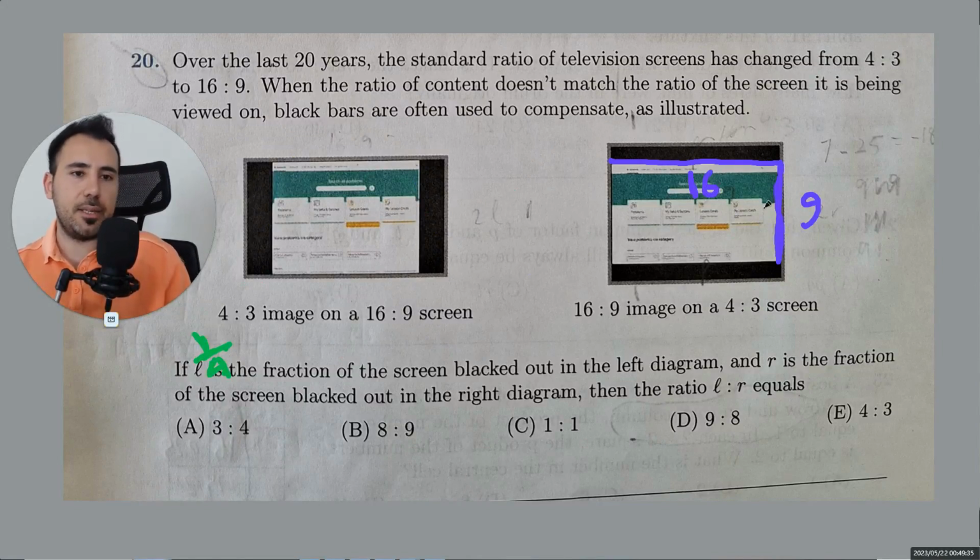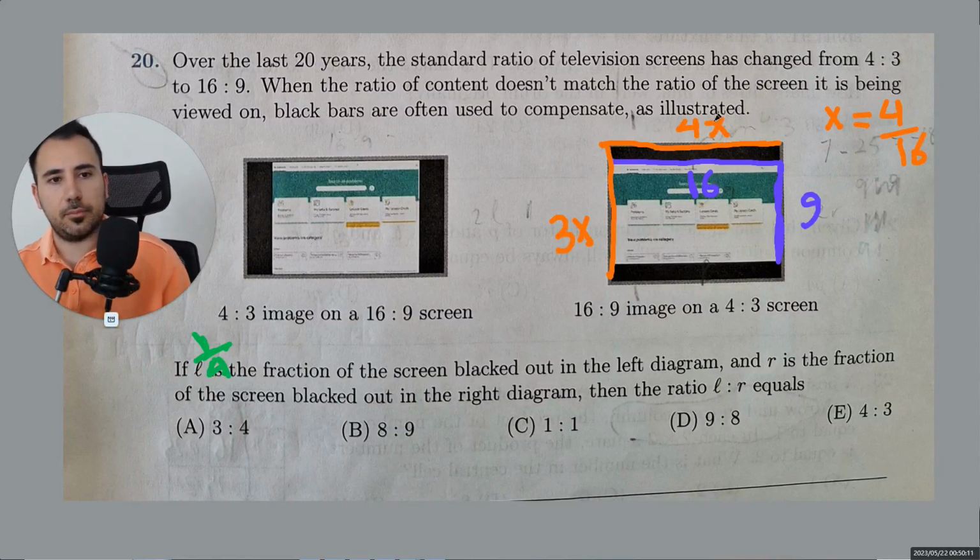If this is 9, this is 16. So the big rectangle, this one is 3 by 4, right? But again, it's a different kind of unit. So I'm going to call it 4x. Now this time, this is 3x.